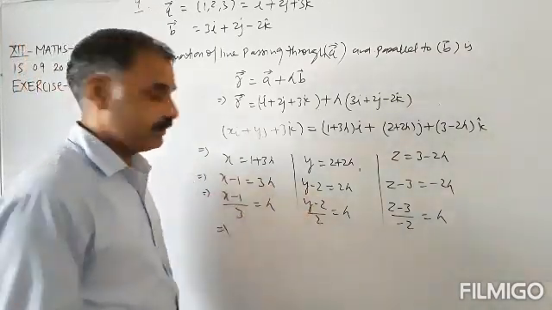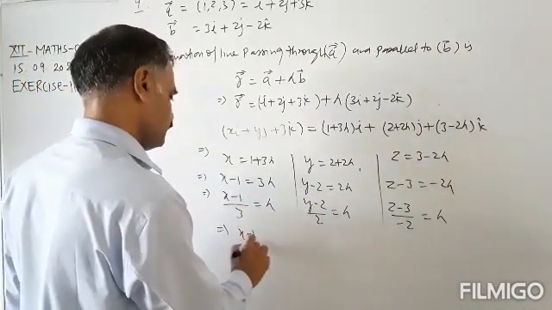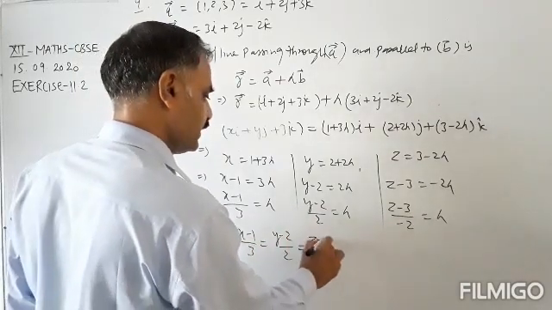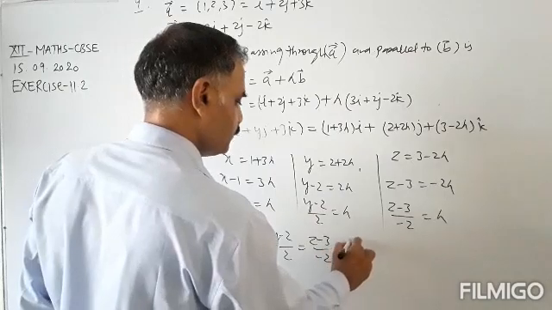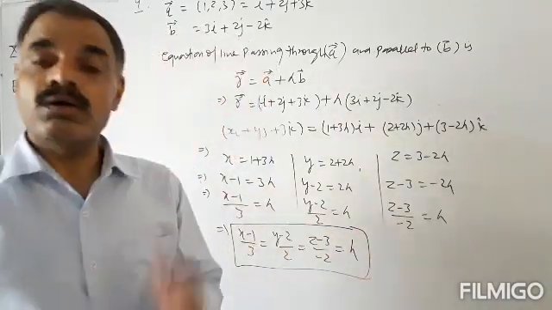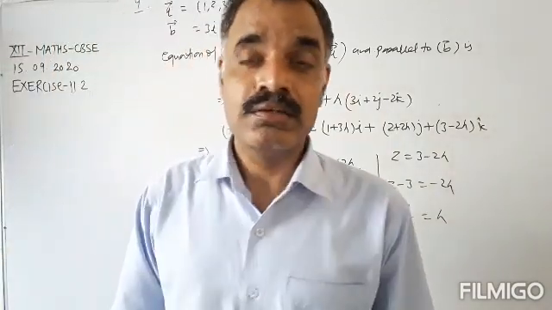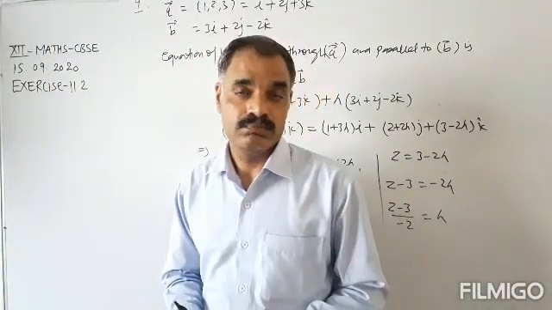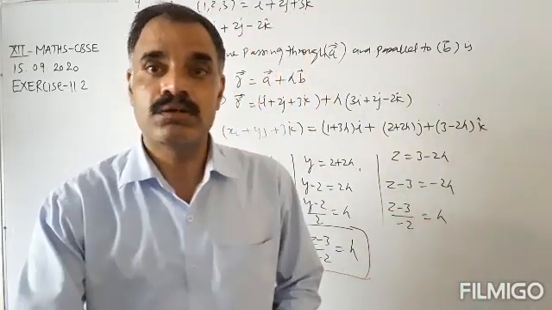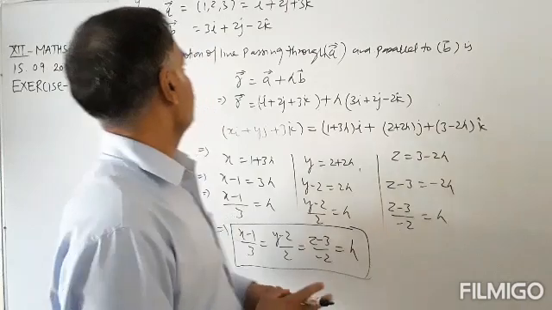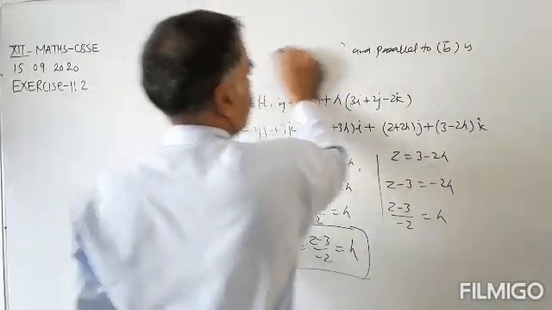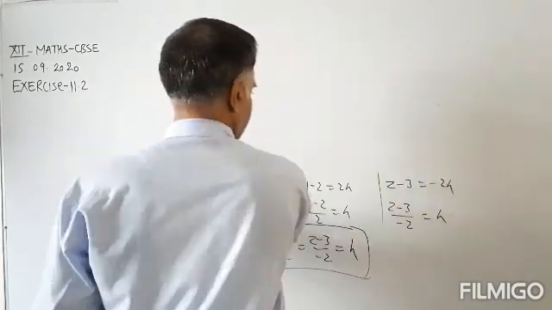All these are values of lambda, that is why x minus 1 upon 3 equals y minus 2 upon 2 equals z minus 3 upon minus 2 equals lambda. This is the equation of the given line in Cartesian form, also known as the symmetrical form of the equation of a line. So this was question number 4 of the exercise.